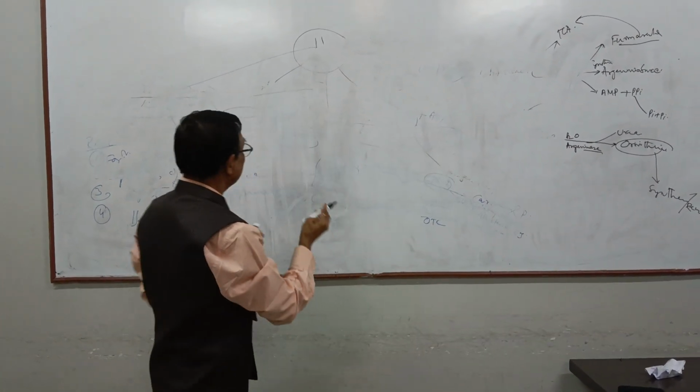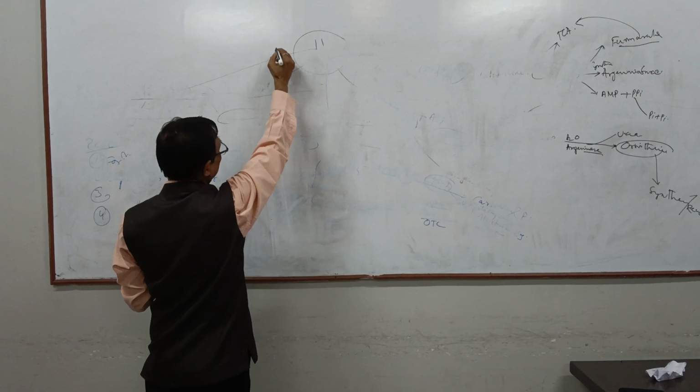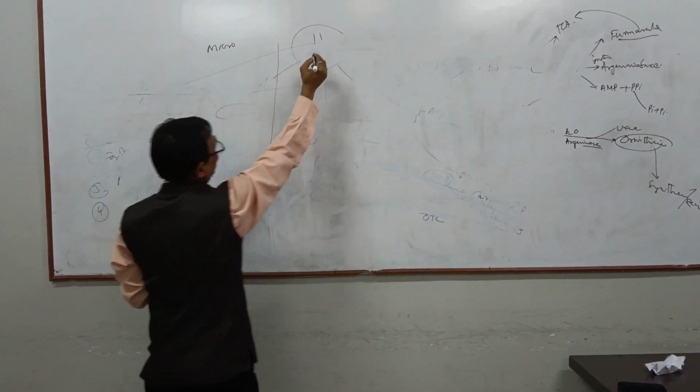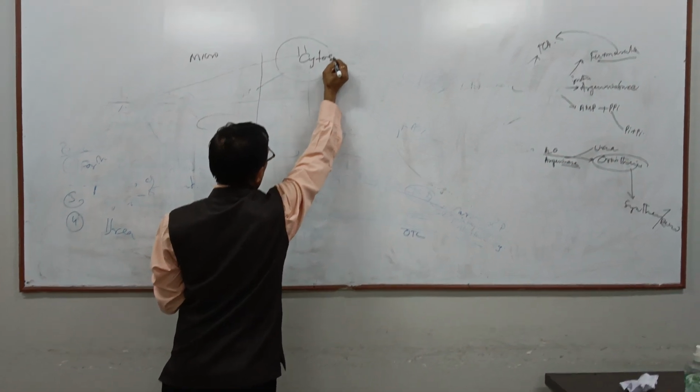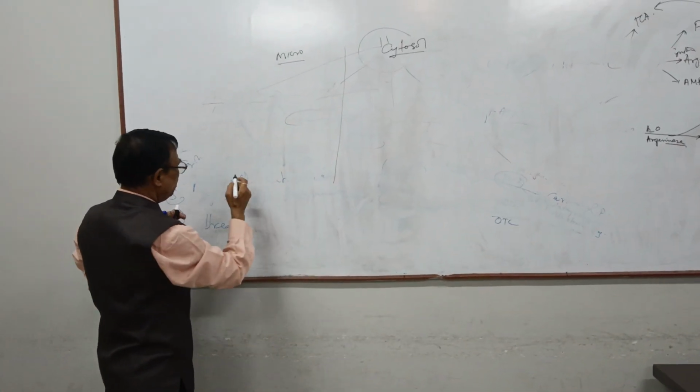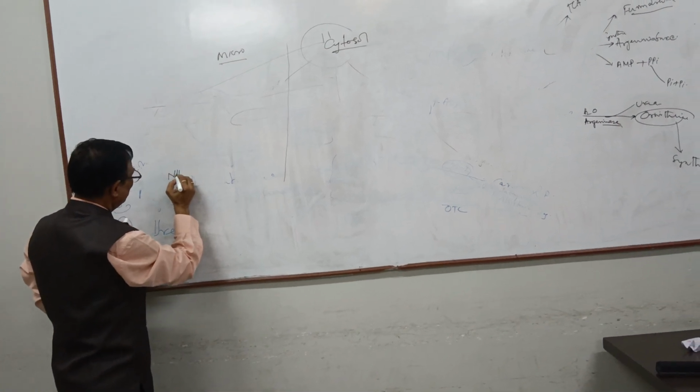Now again, this is your mitochondrial part. This is your mitochondria. This is your cytosol. These two parts we have already mentioned. Here is your ammonia plus carbon dioxide.